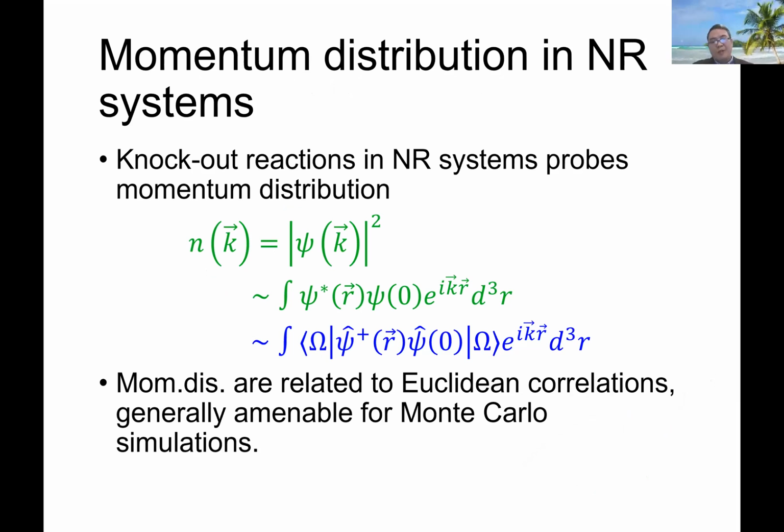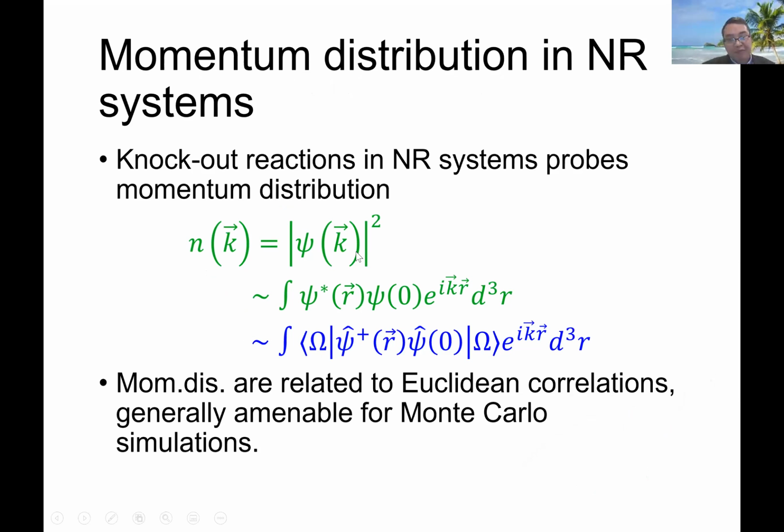Now, in those experiments in non-relativistic systems, as I said, they measure the momentum distribution. So what is a momentum distribution? Let's consider a hydrogen atom, with electrons moving around. You want to know the momentum distribution. Well, the answer is that you Fourier transform the wave function, then you square it, and that gives you the momentum distribution.